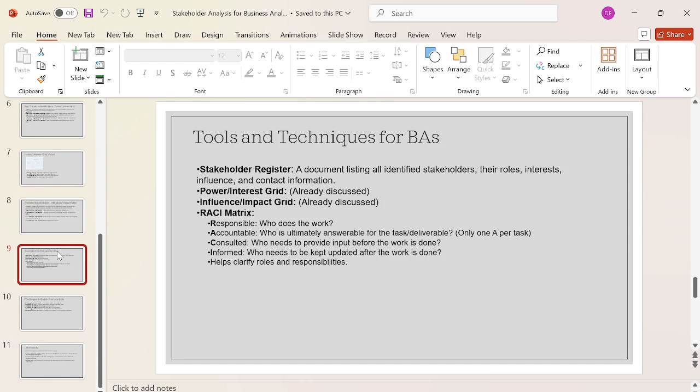These are the tools and techniques for a BA to do stakeholder analysis. The business analyst should register all the stakeholders.